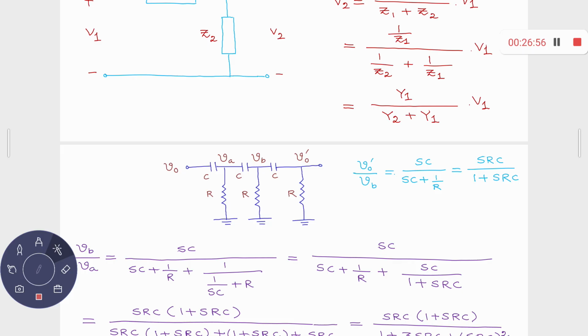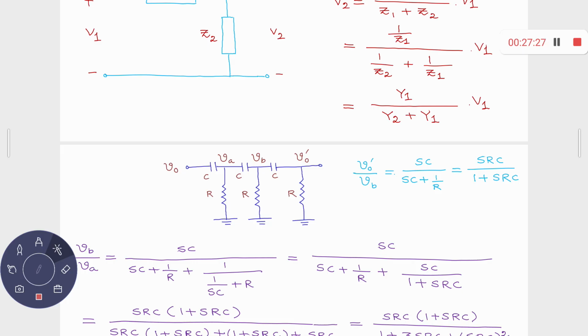It's a common emitter amplifier with fixed bias, emitter resistance bypassed because you have a bypass capacitor. So that part is well known to you, but this part is not well known to you. So let's investigate this part once again. Input is VO for the back network and output is VO dashed.